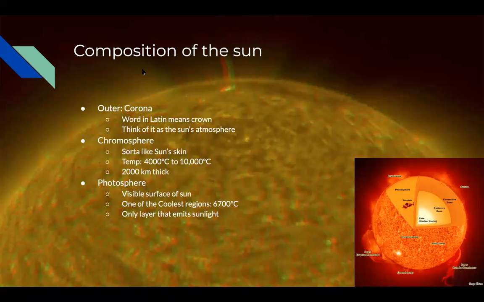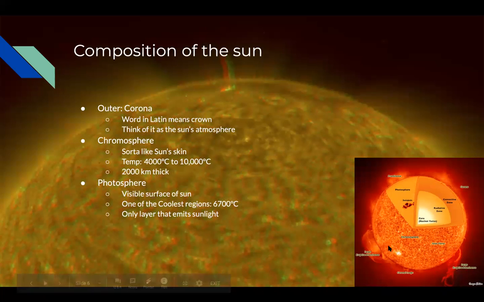Now, I'm going to focus specifically on the sun today. In coming classes, we will go over other stars. So the sun has an outer layer called the corona, which you can see in this general area here. The word itself means crown in Latin, and the simplest way to think of it is the sun's atmosphere, just a very hot atmosphere.